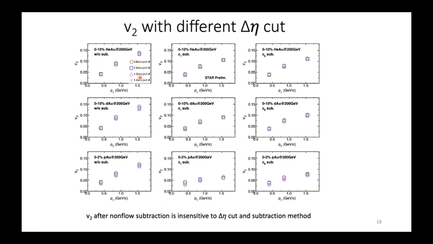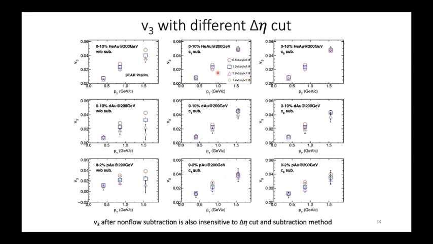In general, you can see that after the subtraction, for all the v2 results from the three systems with different eta gaps, all the results are consistent, whatever eta gap we use. The same story for v3: before the subtraction, once we have a large eta gap, v3 is a little bit smaller, but after the subtraction all the results also become consistent.